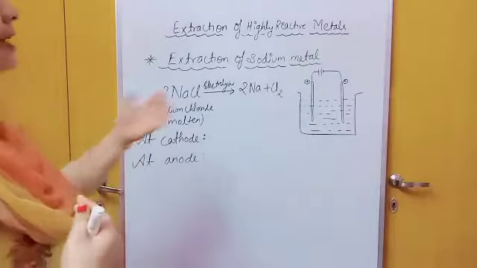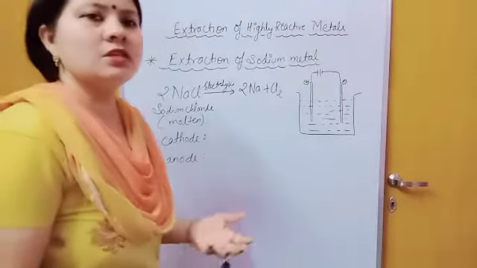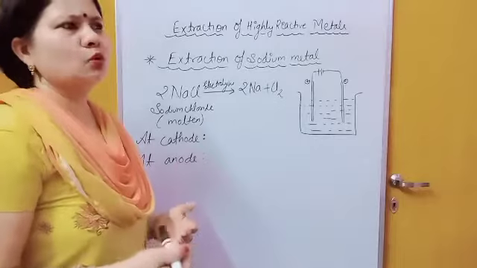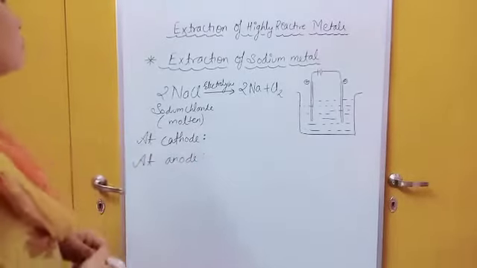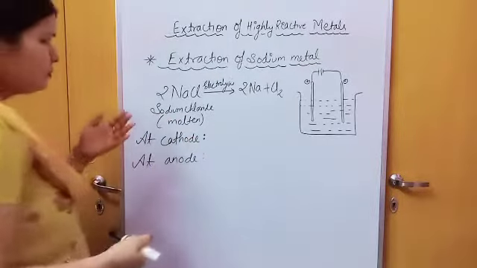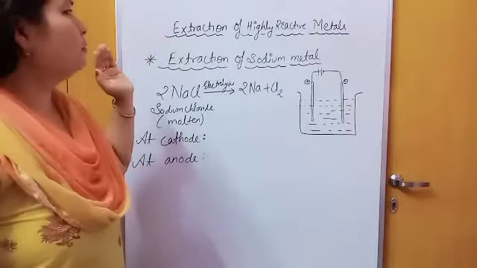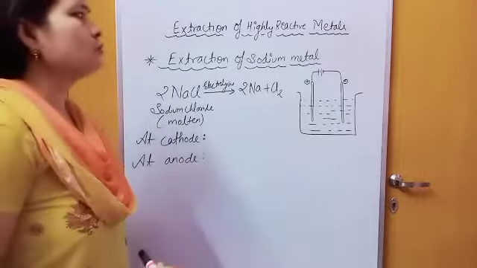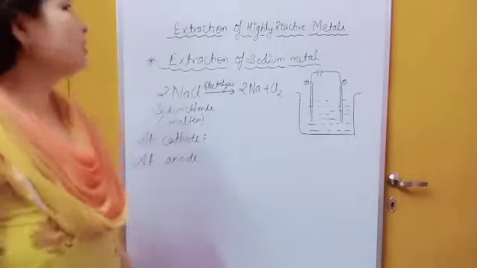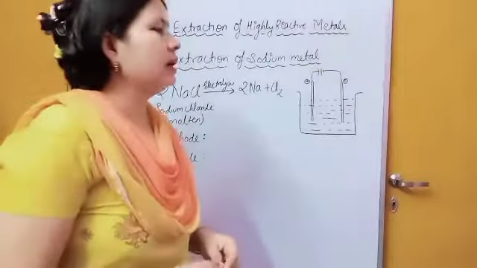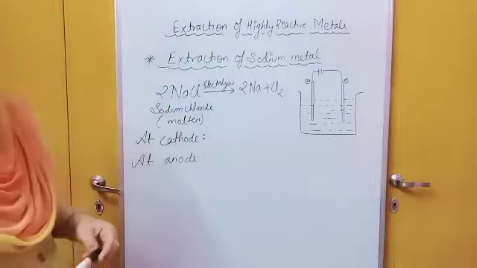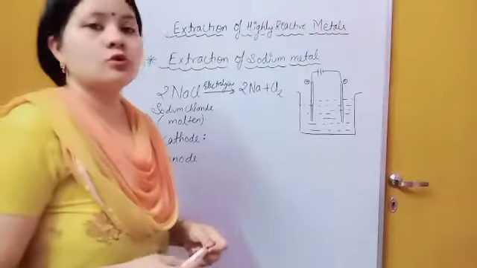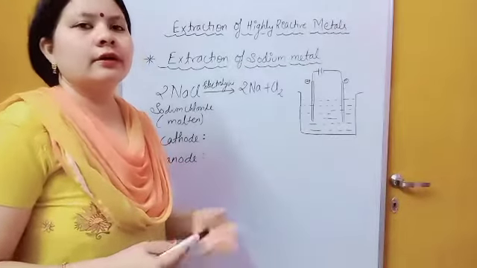In the case of highly reactive metals, we know the reactivity series, generally potassium, sodium. They are the more reactive elements. First of all, we'll take the example of extraction of sodium metal. Highly reactive metals are extracted by the process of electrolytic reduction.